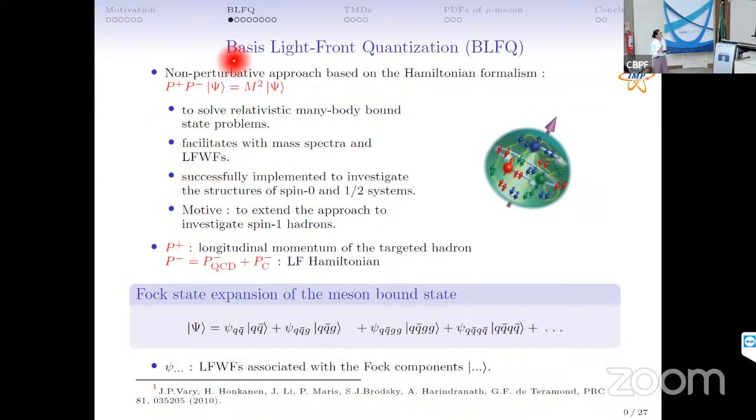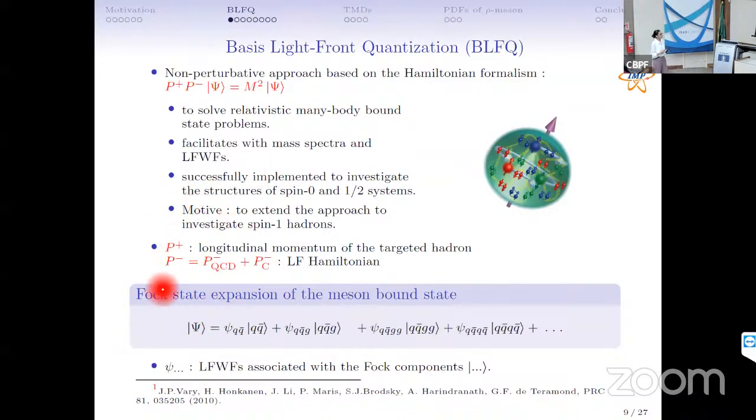We solve an eigenvalue problem for the relativistic many-body bound state system, and it provides the mass spectrum and light front wave functions. This approach has been successfully implemented to study spin 0 and spin half systems. Now we want to extend it to study the spin 1 system.